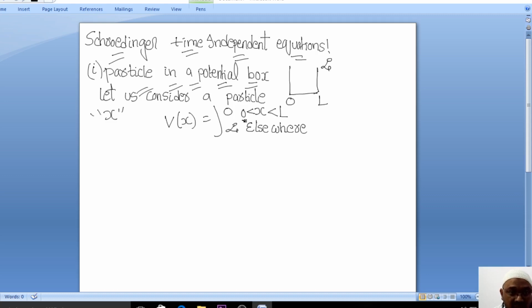This is called the boundary condition: V of x is 0 if x is between 0 and L, and V of x is infinity elsewhere.